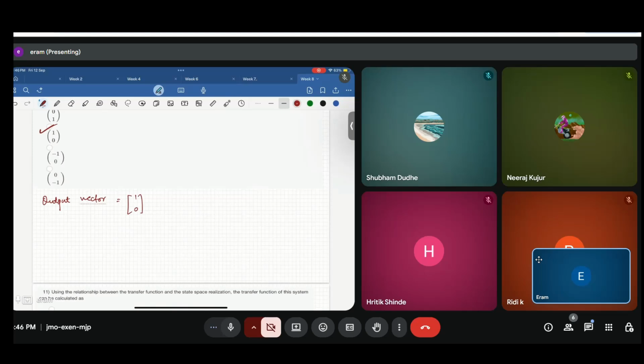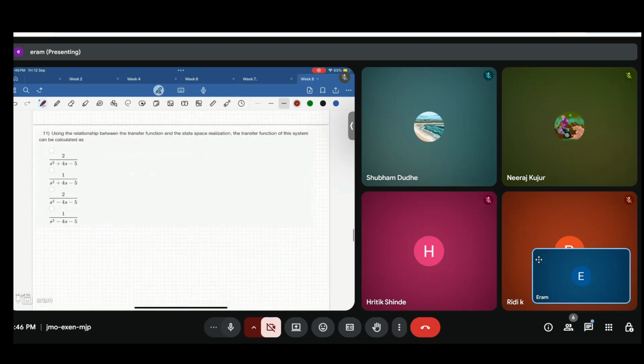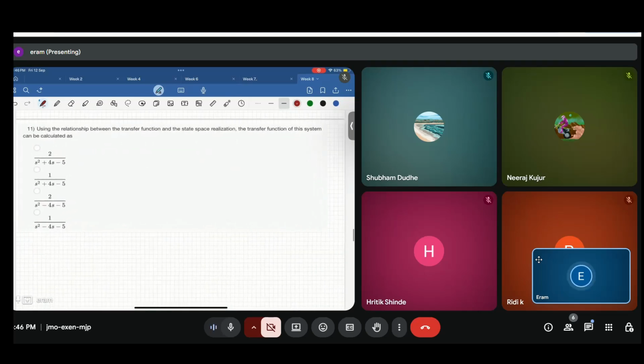So it is equal to 1 0. Now from the state space realization, find out the transfer function. Let me write the state space. So your x1 dot, x2 dot was equal to 0, sorry, 1 5 4 times x1 x2 plus 0 2 u.